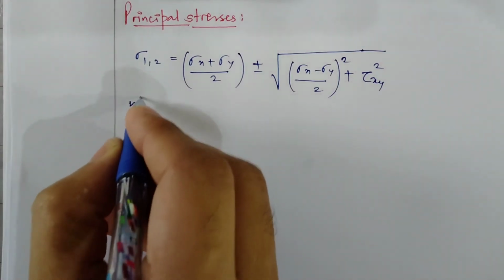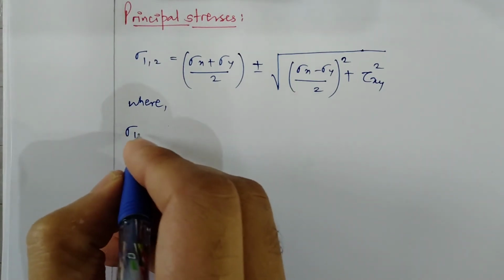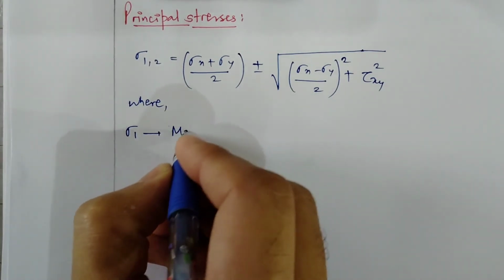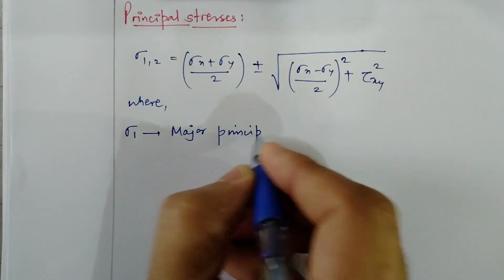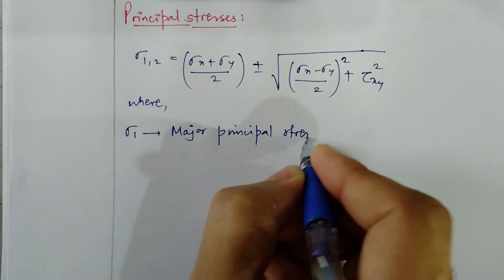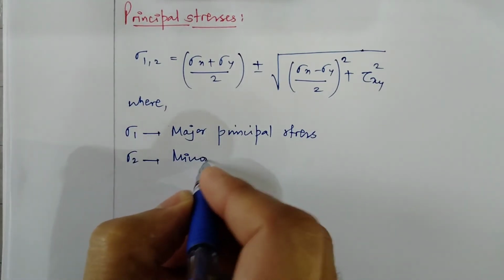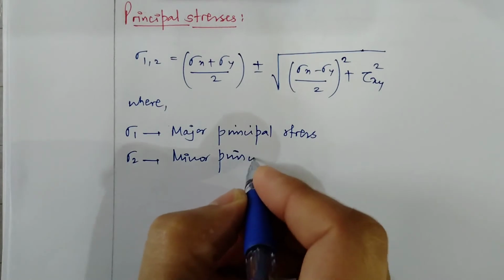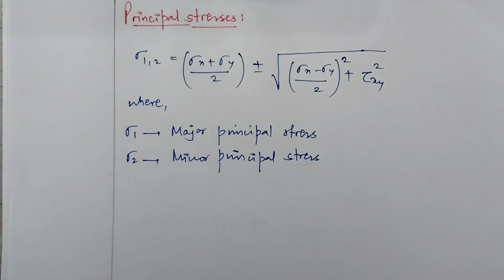So where sigma 1 is major principal stress and sigma 2 is minor principal stress. Right, major principal stress and minor principal stress.